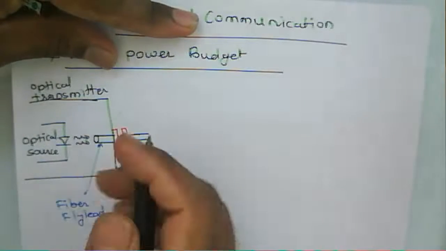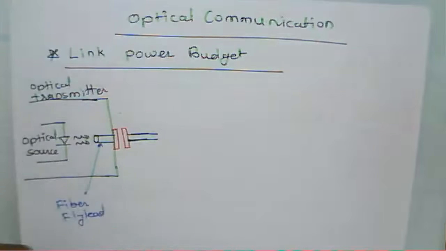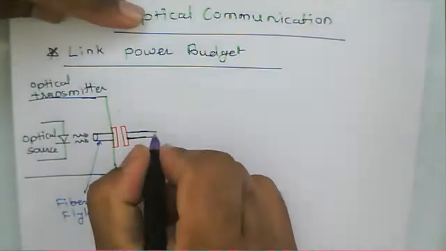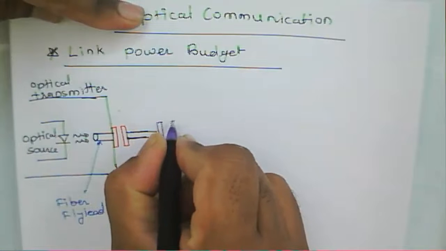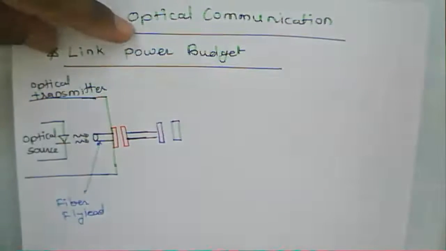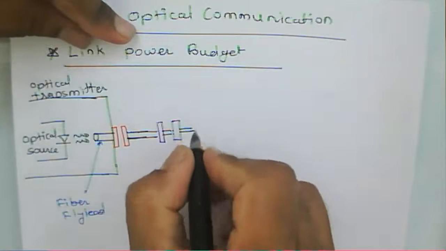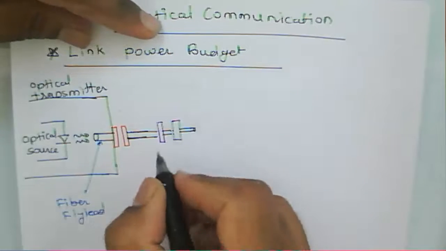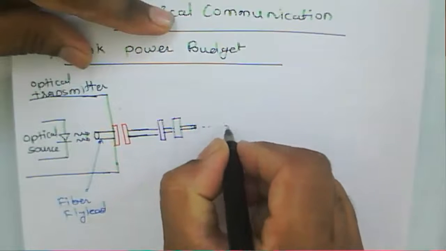That is your optical fiber here, and in between that fiber length we have the splices. Consider that these are nothing but the splices of your optical fiber here.